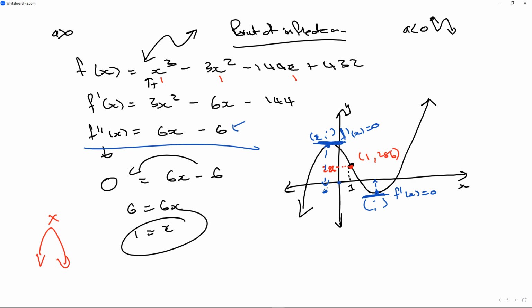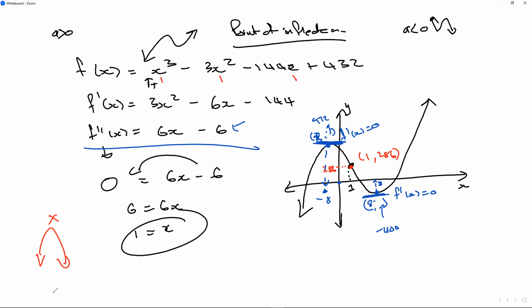And then find x. Your x value here ends up at negative 8, and this x value ends up at 8. And then I substitute that back into the original function. That comes to a y value of 972, and this comes to a y value of negative 400.